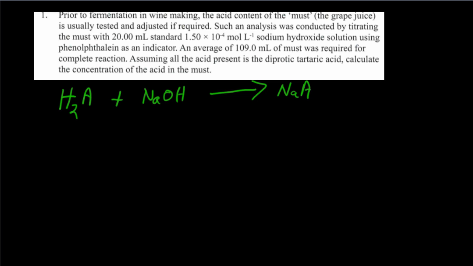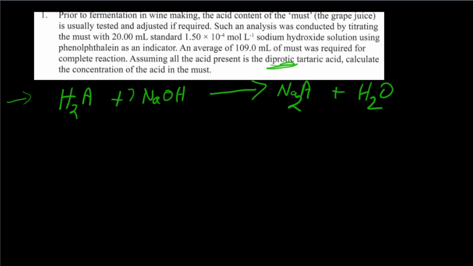Don't know the formula of that. But hey, wait a second. It's a diprotic acid, so it's going to be Na2A plus H2O. Now, all of this word diprotic acid, remember we're using a generalized formula. Now we just have to balance it. We've only got 2 over here, and we need 2 sodiums as well.